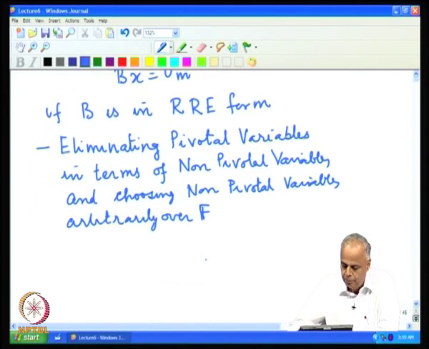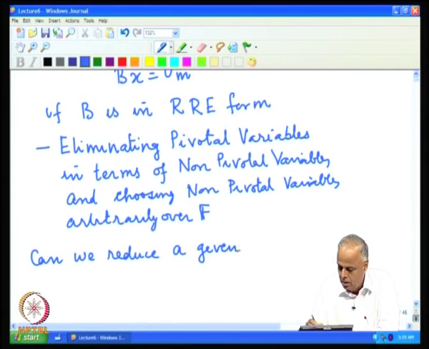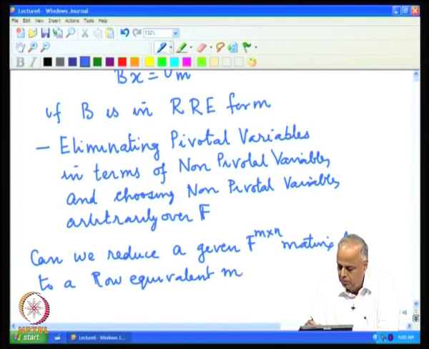And therefore, our job was, can we reduce a given m by n matrix A over F to a row equivalent matrix B which is in RRE form.